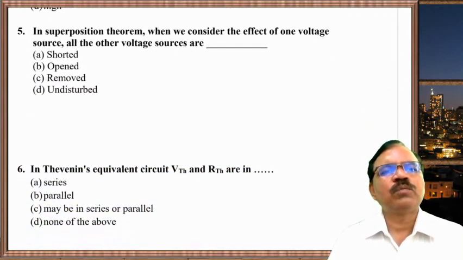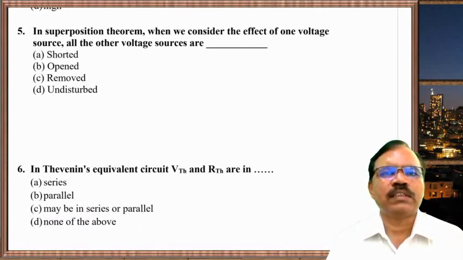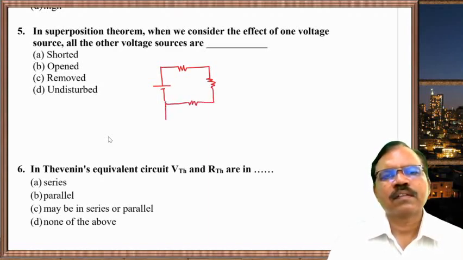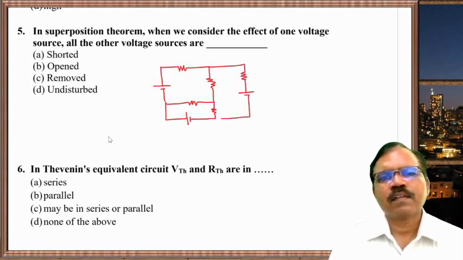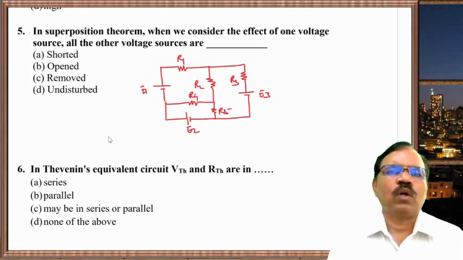Now next one. In the superposition theorem, when we consider the effect of one voltage source, all the other voltage sources are: so suppose we take an electrical circuit like this, with E1, E2, E3, R1, R2, R3, R4, R5, and so on. This circuit has 3 sources and 5 resistances.